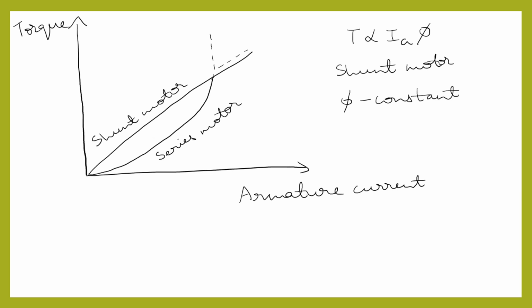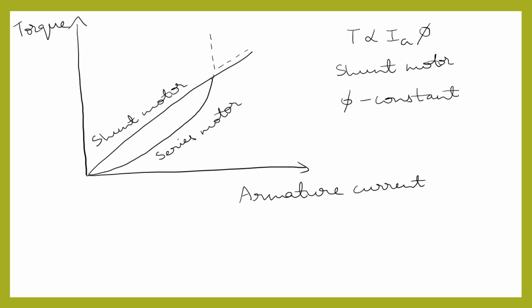So for shunt motor, flux phi remains constant if supply voltage is constant, which means that torque varies with armature current, giving the torque current curve of the shunt motor as a straight line as shown in the figure.